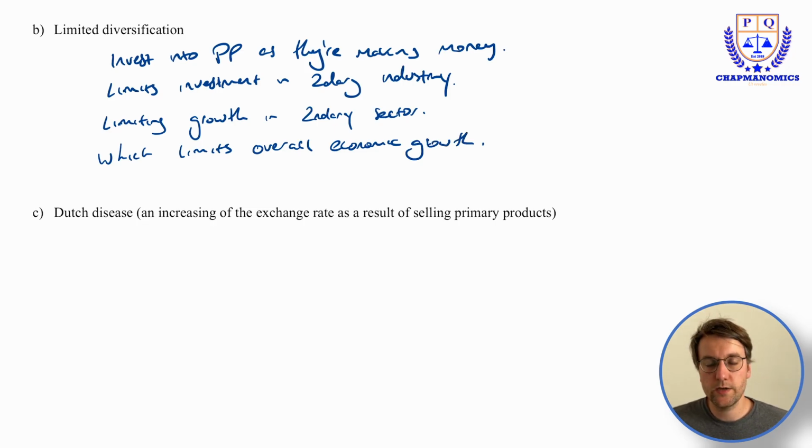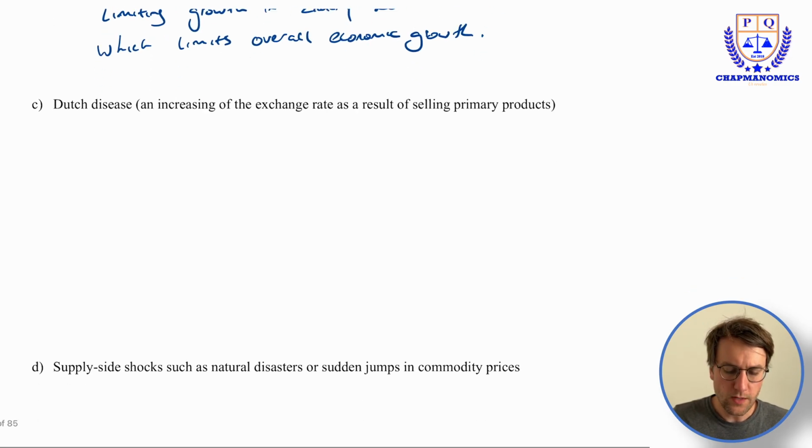Because we are primary product dependent, we are focused on that for our exports, we're focused on that for our GDP. We're not going to invest into other areas of the economy because we don't know if they're going to succeed or not. We know our primary product is working for us, so we're going to invest huge amounts of money into that, and therefore we don't tend to diversify away too much from it, particularly if you're a firm looking to make some profit.